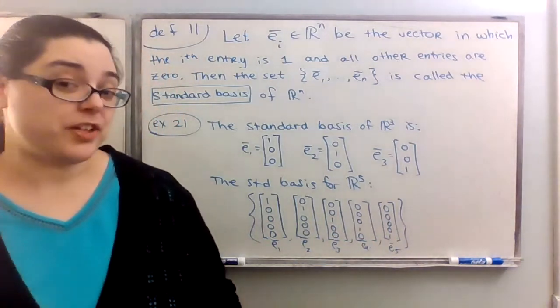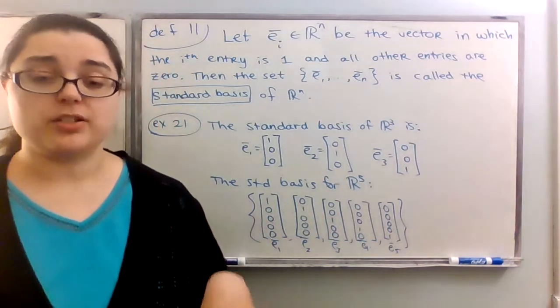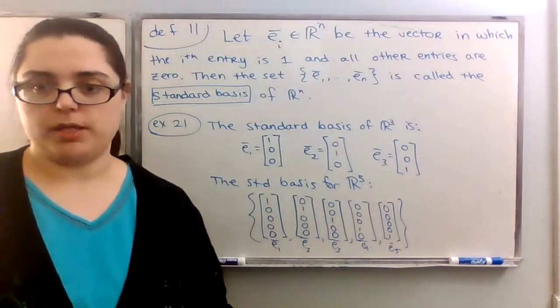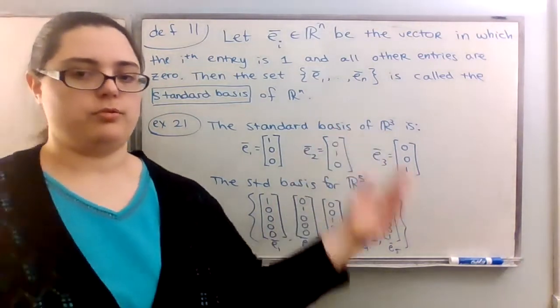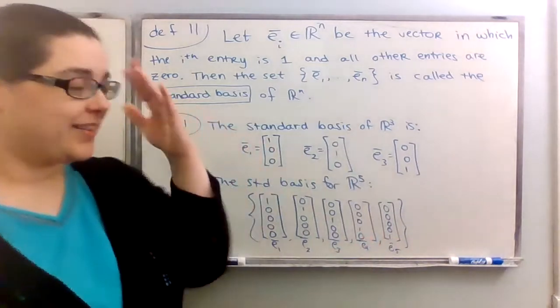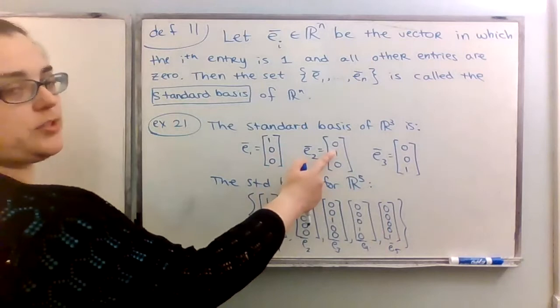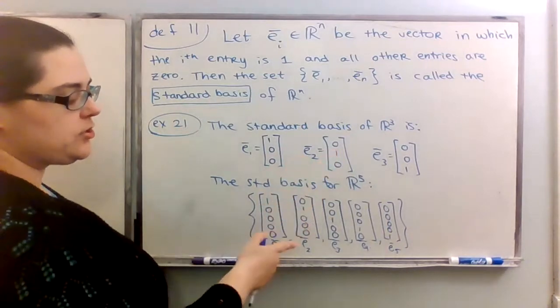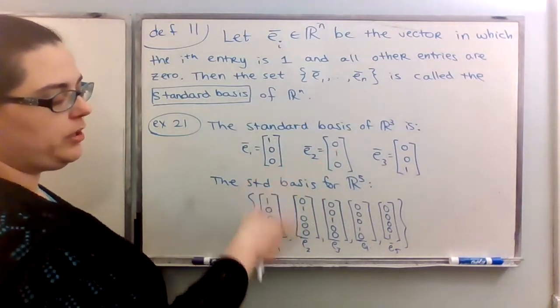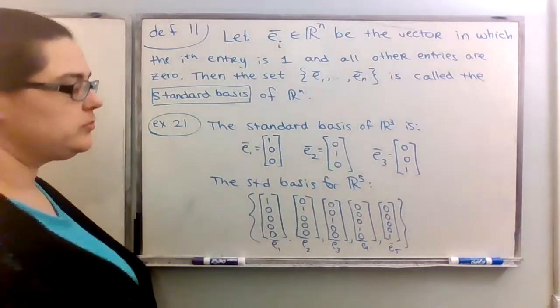So you can see your definition of e_2 is going to change depending on whether you're in R^3 or R^5 or R^207, right? The big picture idea is that in e_2, the second coordinate is 1 and everything else is 0.